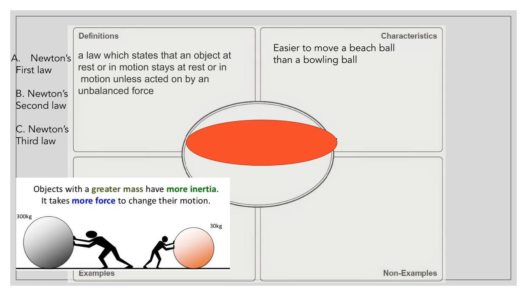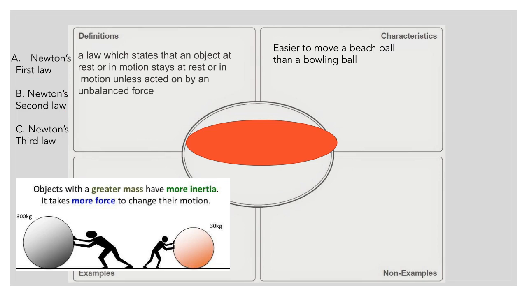An object with greater mass and more inertia, it takes more force to change their motion. All right, so that's Newton's second law. I'm sorry, this one is, let me do this again.